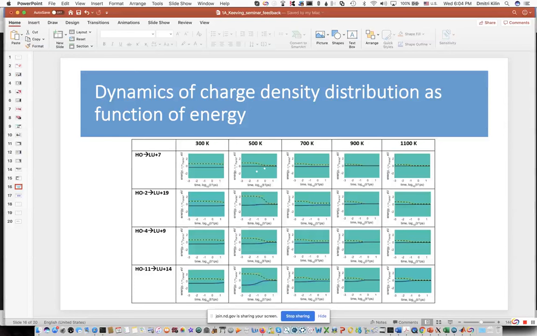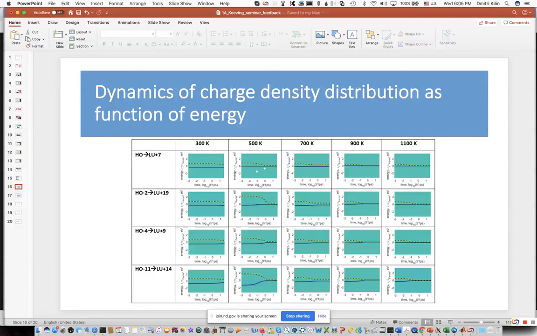I just wanted to say that there is one curious trend from these figures. One would expect that the magnitude of the energy difference between the electron and the hole and the temperature would be directly proportional to each other. However, precisely the opposite happens. As the temperature increases, the energy difference between the electron and the hole decreases.